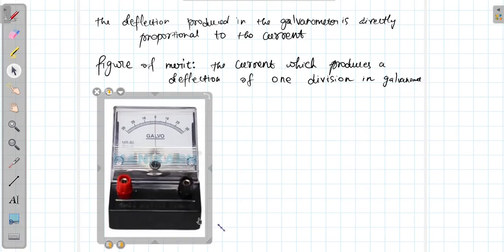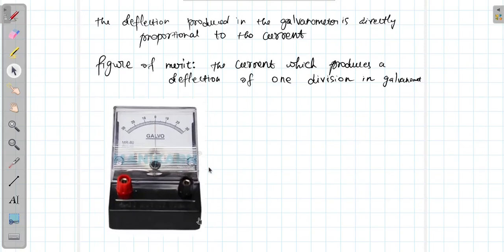Here you see we have 30 divisions, and the rest position is 0 in the exact middle. Out of all the 30 divisions, the figure of merit is the current required for a deflection of one division.